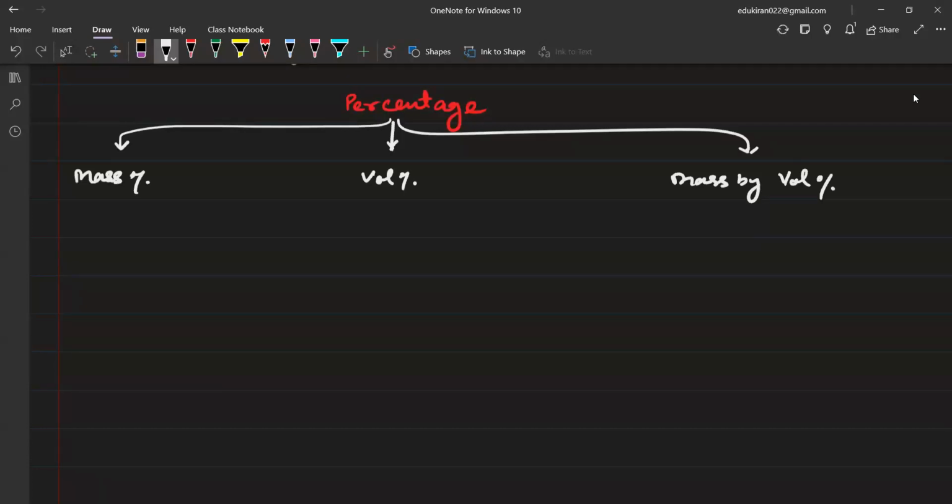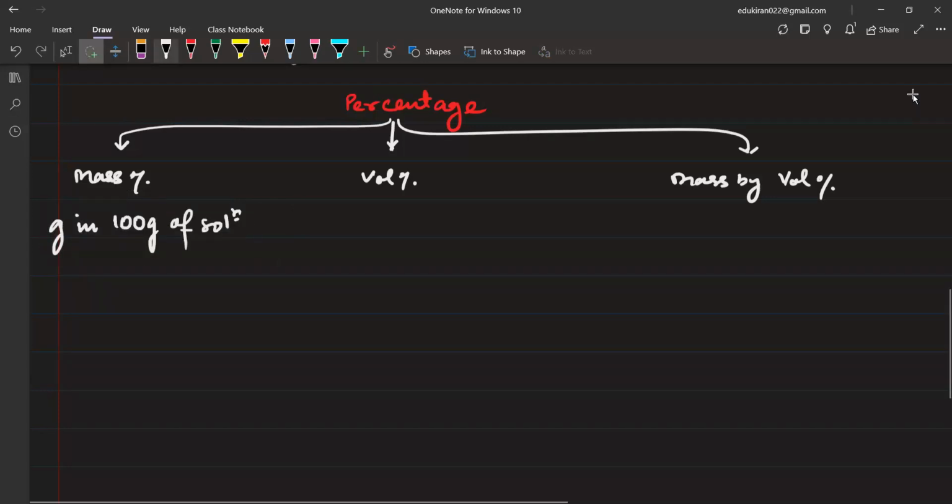So if they are talking about mass percentage, for example X, then it will be X grams in 100 gram of solution.